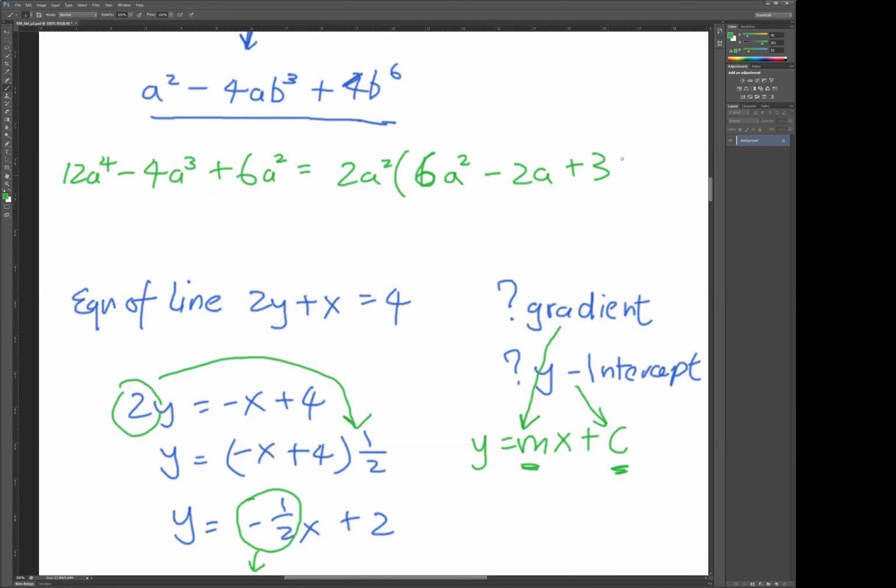And plus 3. Maybe this is the simplest. Do they still need to factorize? The question says to factorize this one. Okay, then you can go further. Can you go further? I tried, cannot. Then we just leave it at this.